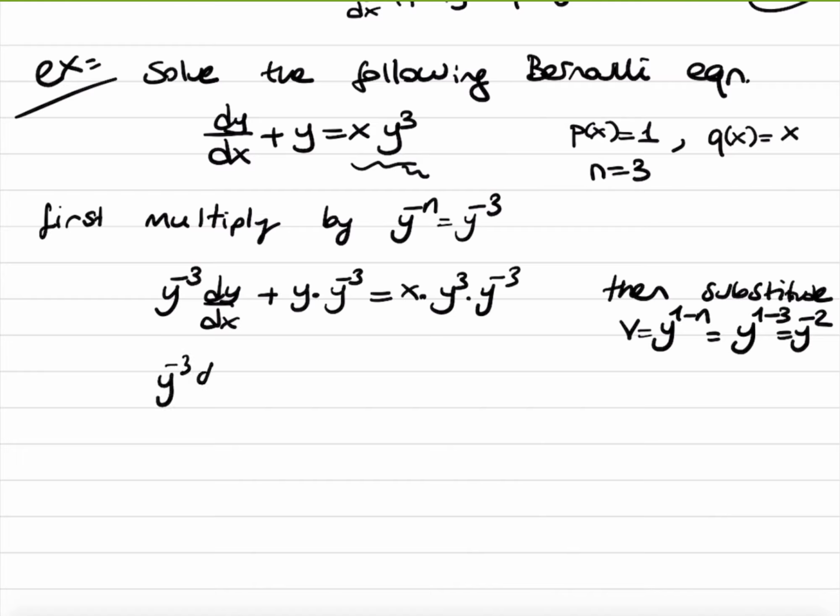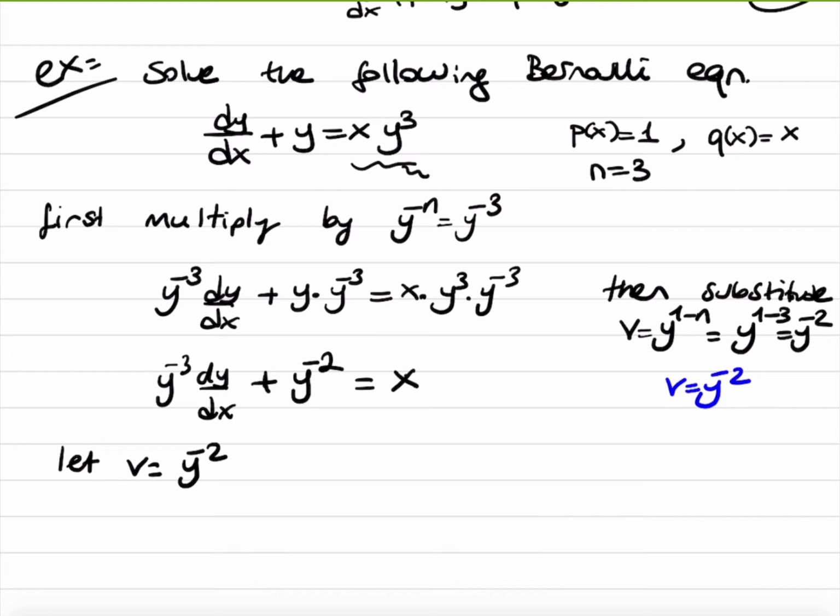So okay, let me just simplify this one first. So we have y to the power minus 2 is equal to x. So now let v be equal to y to the power minus 2. So we will put v is equal to y to the power minus 2.